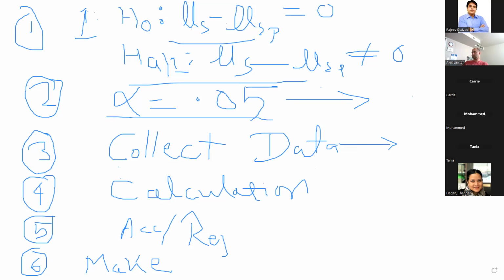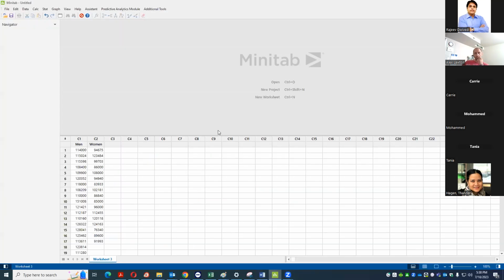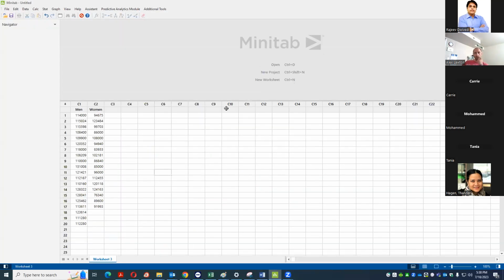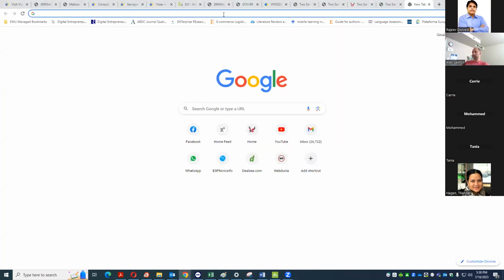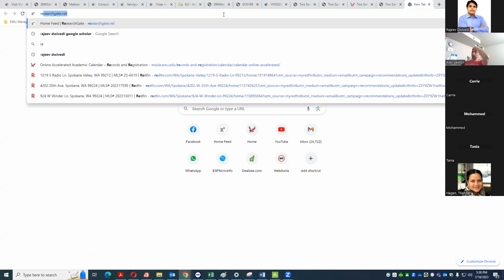Just a minute, let me share my new screen. Okay, now my Minitab is right here. I'm just going to make a data set. I'm not going to collect it, but you can collect it using, let's say, Redfin.